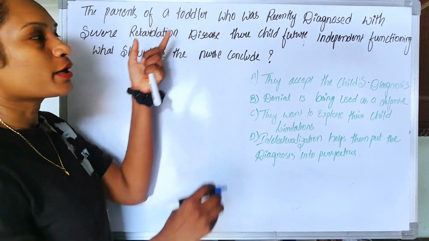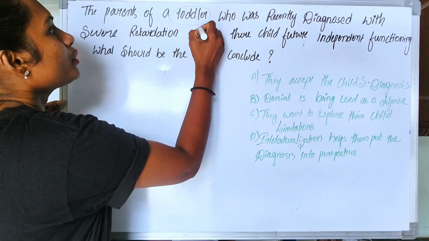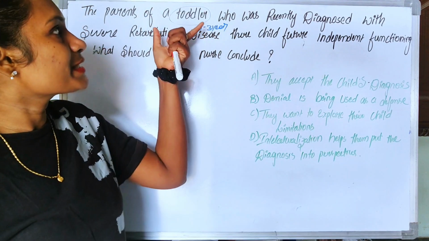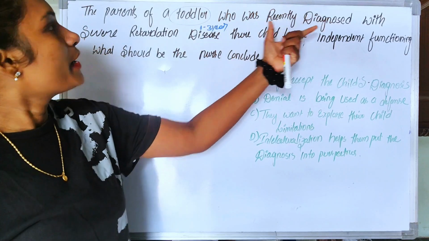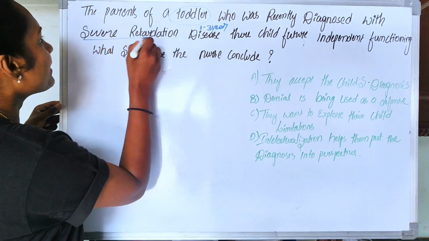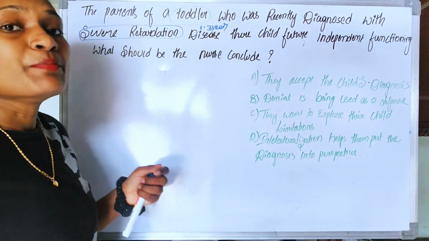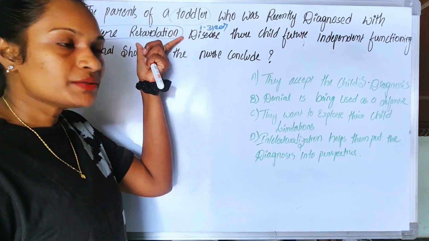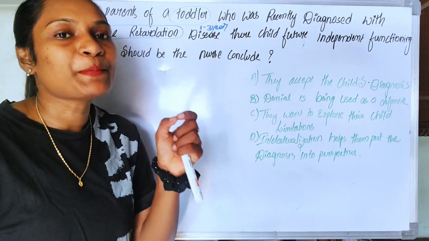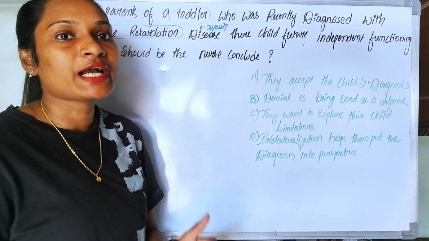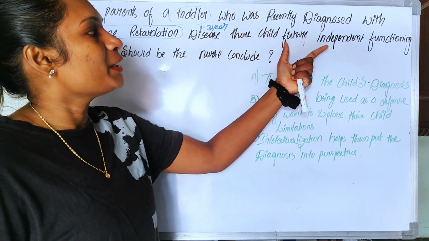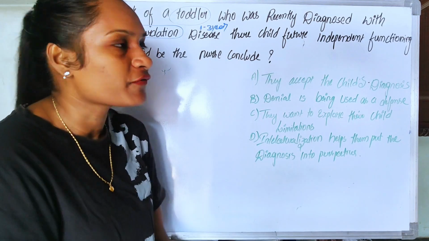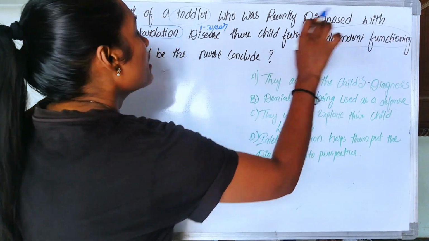Parents of a toddler. Toddler means the 1 to 3 years age group. The child has been diagnosed with severe retardation, meaning mental retardation, low IQ. The parents are asking the nurse when their child will be able to function independently in life.